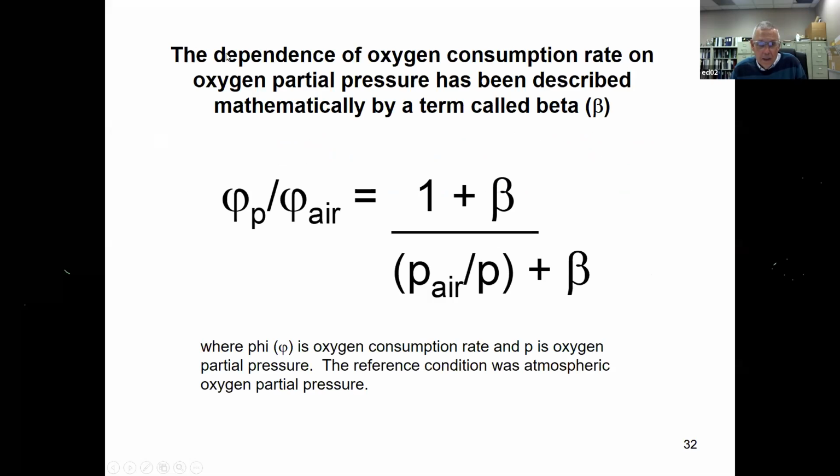We say the dependence of oxygen consumption rate on oxygen partial pressure has been described mathematically by a term called beta. Phi is the oxygen consumption rate, and P is the oxygen partial pressure. Okay. The reference condition is atmospheric oxygen partial pressure.